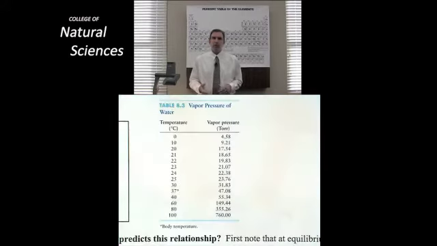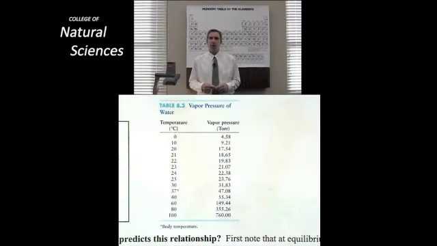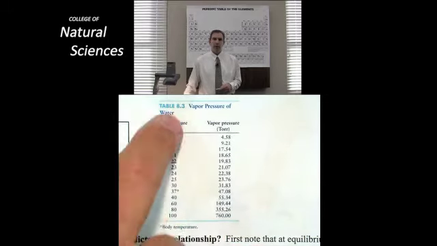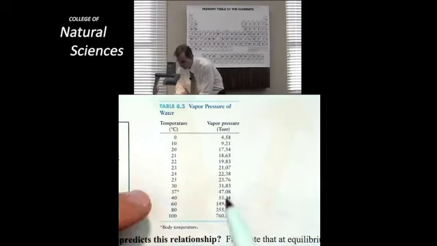It's always good, just before actually doing some sort of fairly challenging derivation, to predict what it is that we're going to see for an answer when it's all said and done. This right here is the experimental data for the vapor pressure of water. And I wanted to show it to you now before we tried to derive the equation that was going to generate it, so you could have a sense of what was going to turn out. If I was to make a plot of temperature here versus vapor pressure, it seems to have this kind of feel to it.